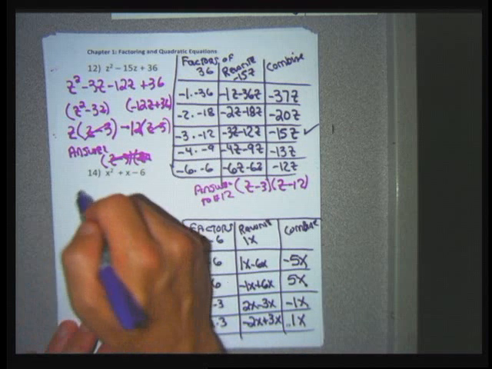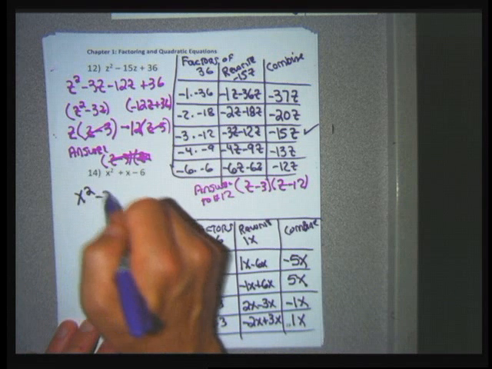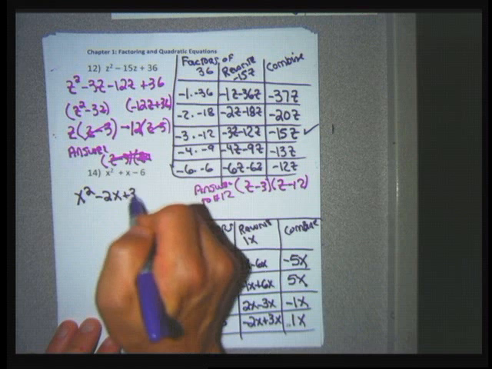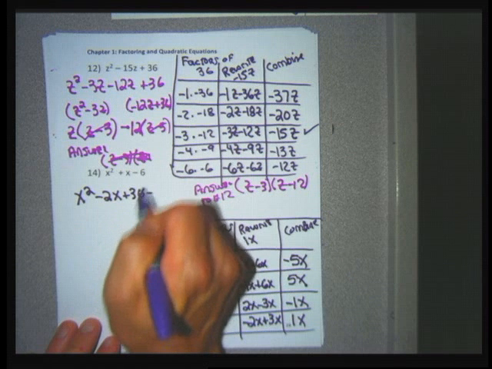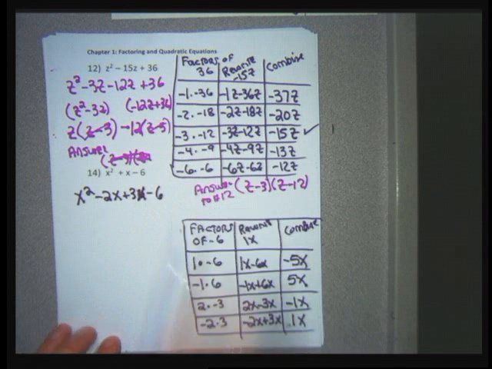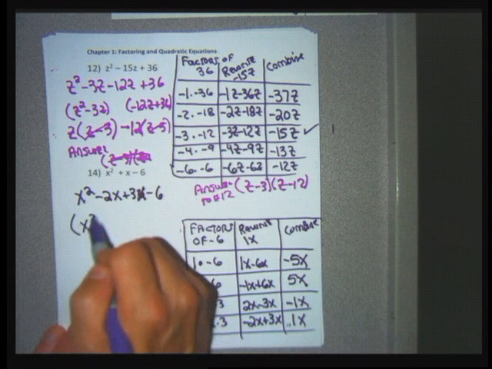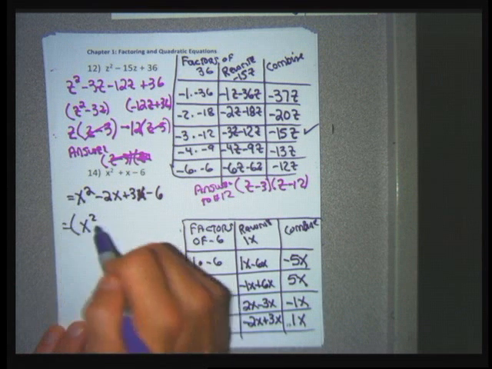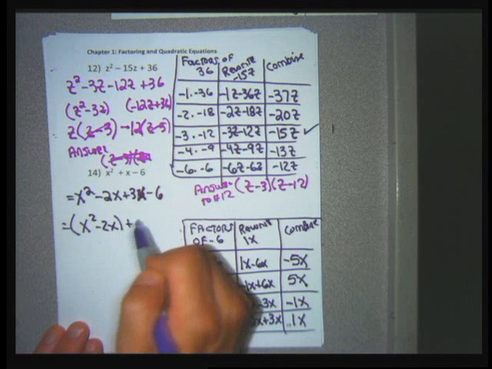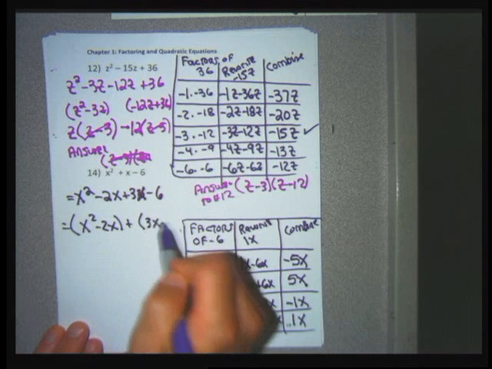So I'm going to write this now as x squared minus 2x plus 3x minus 6. I'm going to factor by grouping.